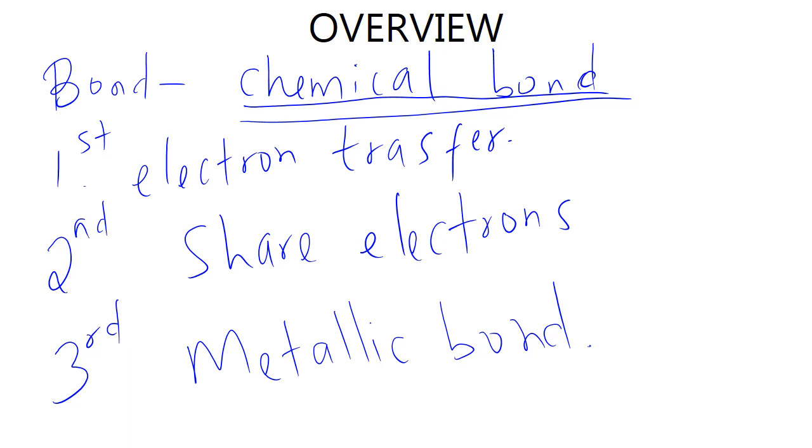There are other examples, but basically these are the main examples. So when you think about chemical bonding, think about electron transfer or sharing of electrons, or you can think about metallic bonding. There are others that we're going to discuss, but these will be the main ones.